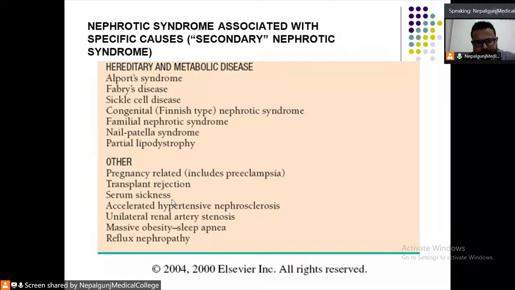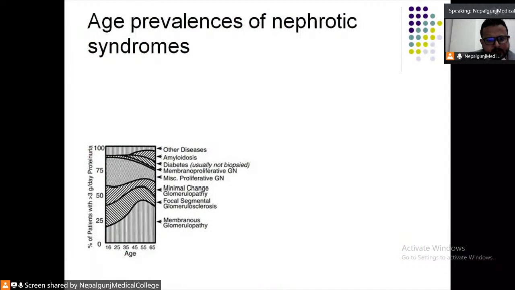In some cases of eclampsia and preeclampsia, you may also get heavy proteinuria. Then transplant rejection, serum sickness, accelerated hypertensive nephrosclerosis, unilateral renal artery stenosis, obesity, sleep apnea, and reflux nephropathy. So these are the other causes of nephropathy.